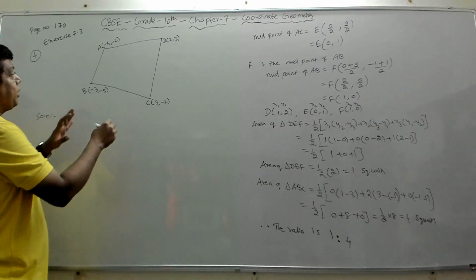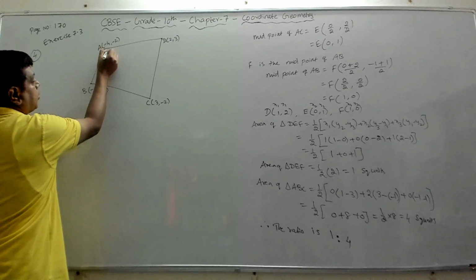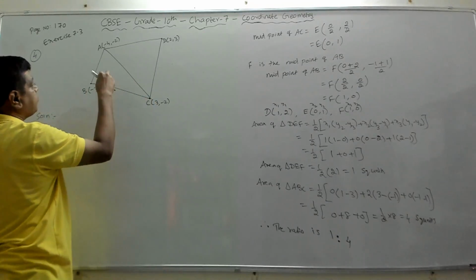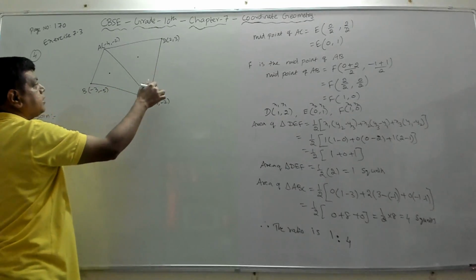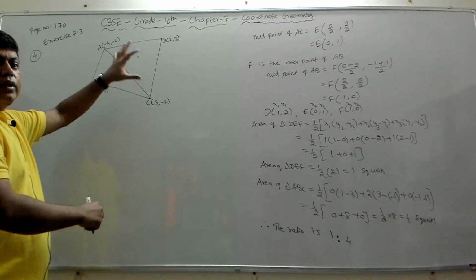Now for that, we can divide this quadrilateral into two triangles by joining one of the diagonals. We can join probably A and C. Right? So A and C is joined. Now we'll find the area of this triangle ABC, and then we'll find the area of this triangle ACD. And when you add both the triangles' areas, we'll get the area of the quadrilateral.